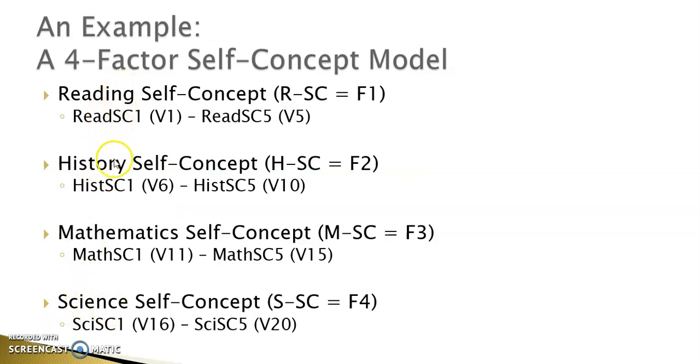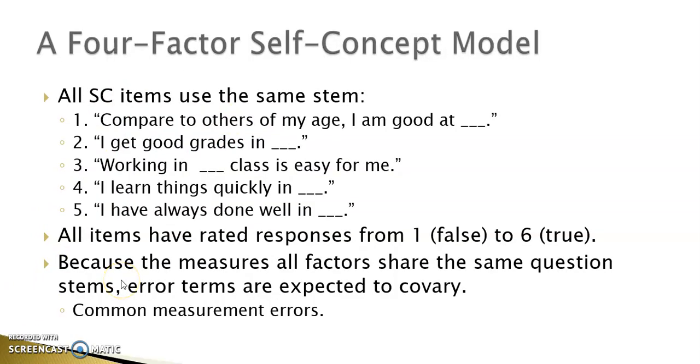Each latent factor has 5 measured indicators. They are actually 5 questions on the instrument. One thing to pay attention to is that the same 5 question stems are used for all 4 factors, with only the subject changing for each factor.